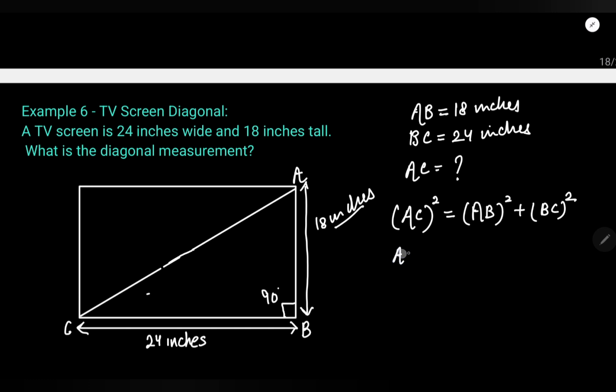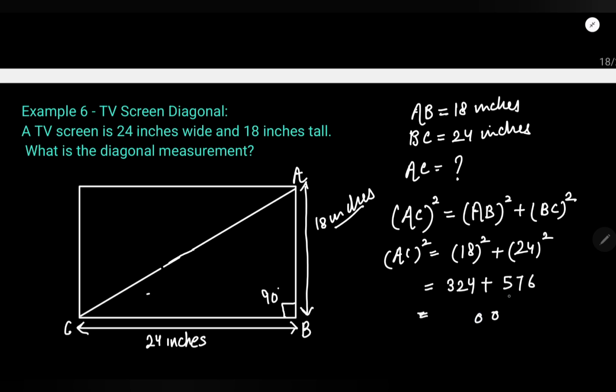So AC square is equal to AB square, which means 18 square, plus BC square, which means 24 square. What is 18 square? It is 324, plus what is 24 square? 576. And what will this be equal to?